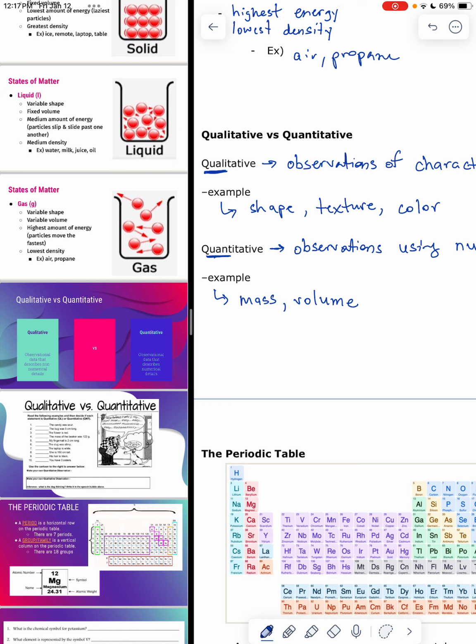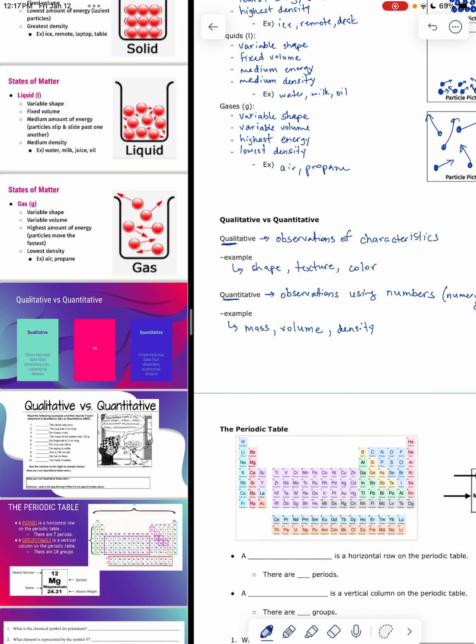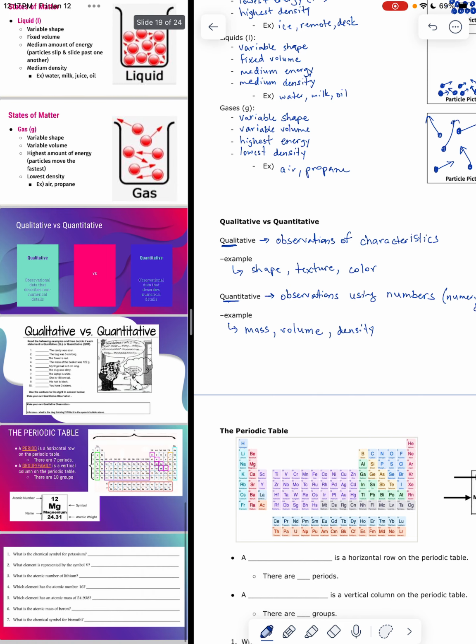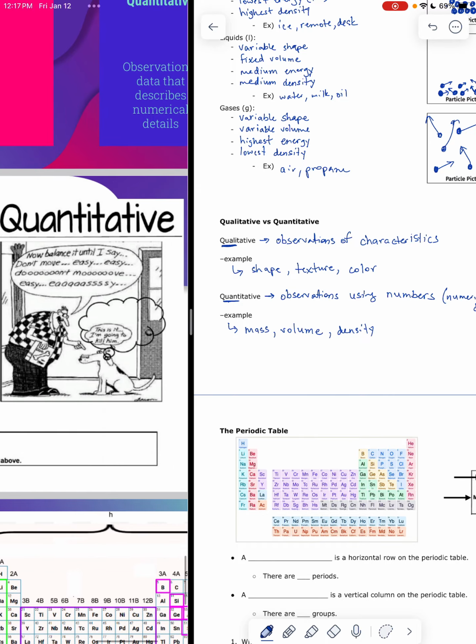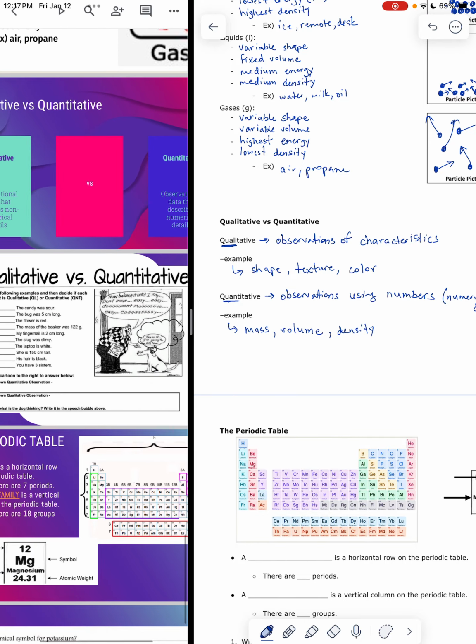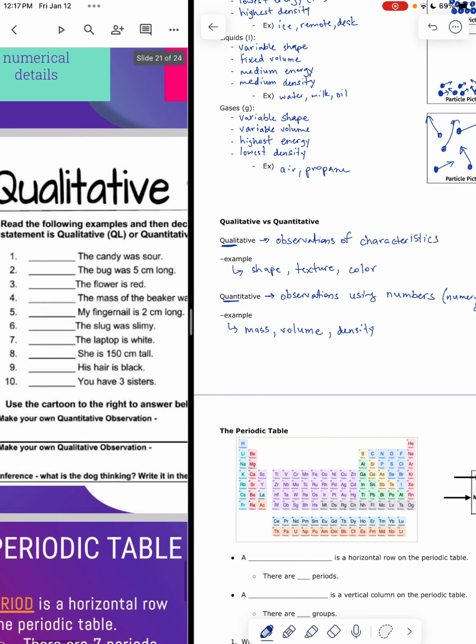Things that we can actually put a number to. So we can make sure we have that density, just to keep the train rolling there. So in terms of your qualitative versus quantitative, I would like for you to just figure out what each one should be.